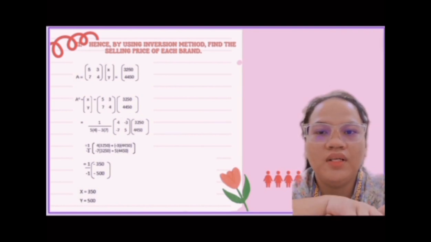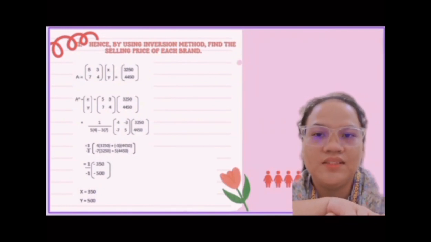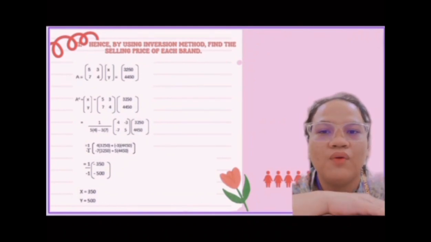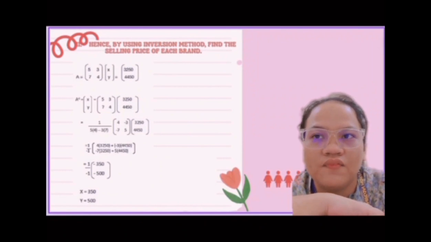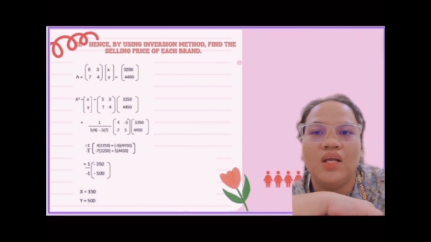To find the determinant, 5 times 4 minus 3 times 7, which is negative 1, so 1 over negative 1. To find x and y, it is 1 over negative 1 times the inverse matrix A, which is 4, negative 3, negative 7, and 5, multiplied by matrix B, which is 3,250 and 4,450.